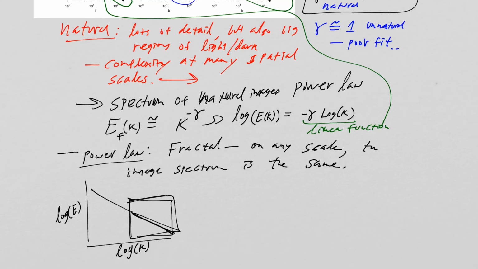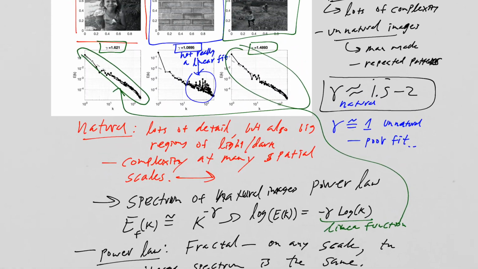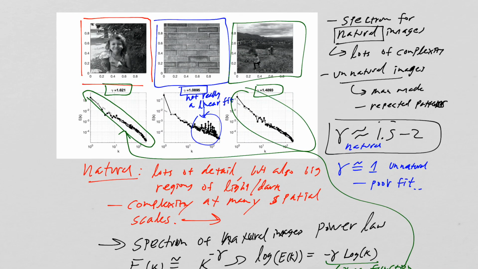It's still the same slope of a line in that log plot, and that is what they call a scale-free property. It's also called scale invariance.